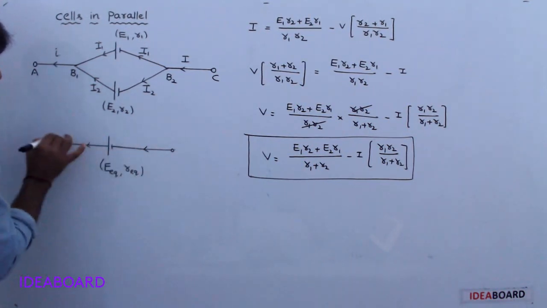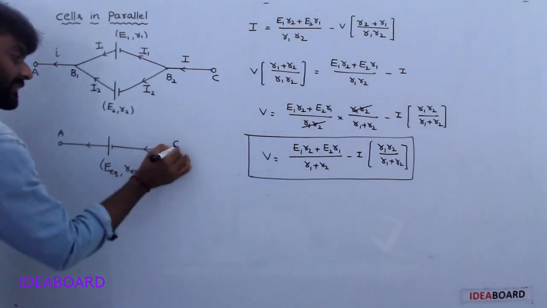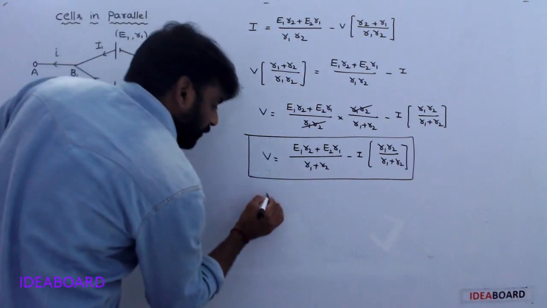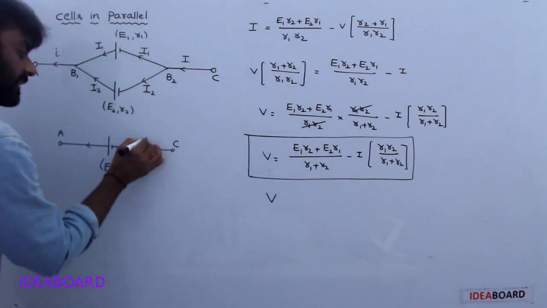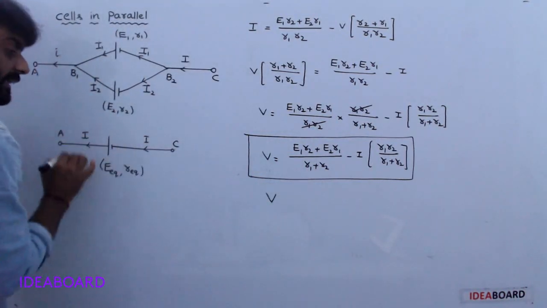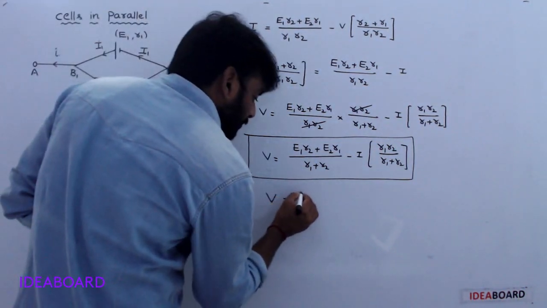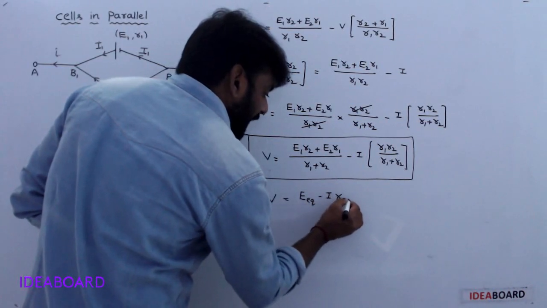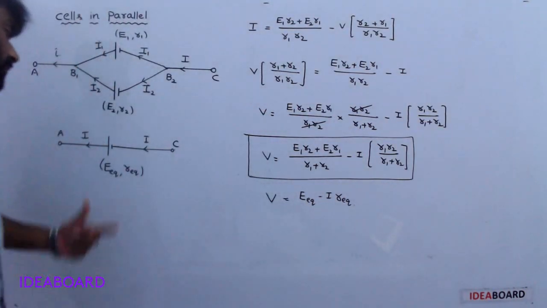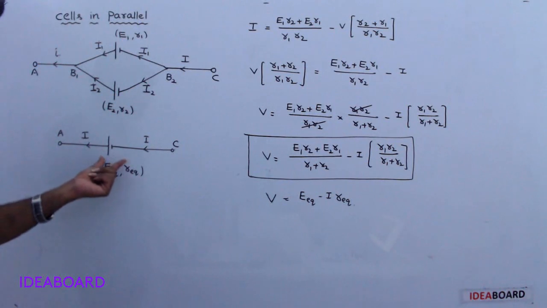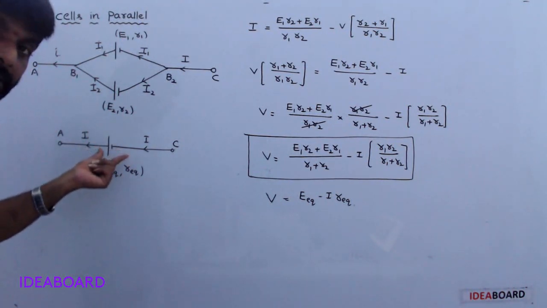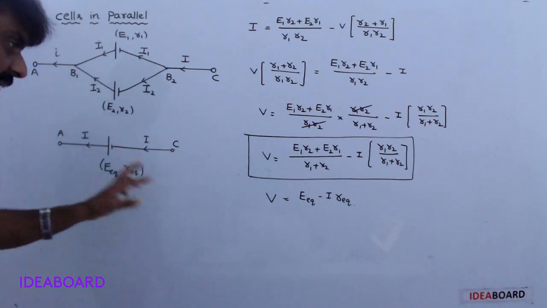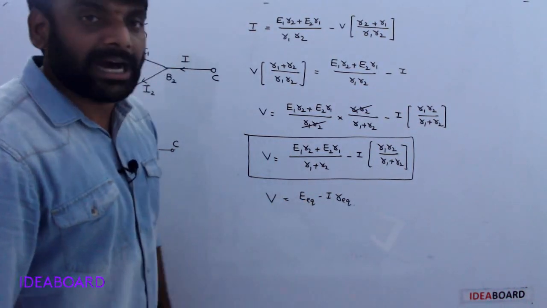Current passing through this one is A, this one is C. In this case the terminal voltage is written as, here the passing current is I, V is equal to E equivalent minus I R equivalent. Consider one equivalent battery, the equivalent EMF of the cell. So here the potential drop is equal to E equivalent minus I R equivalent.